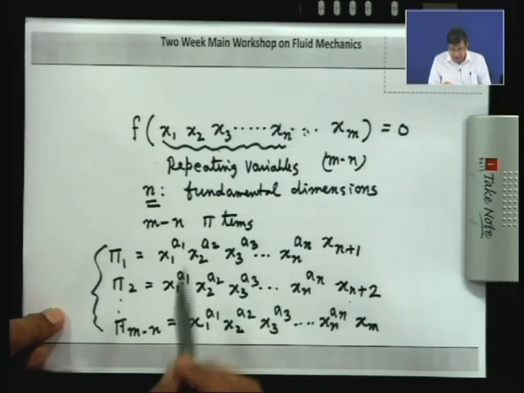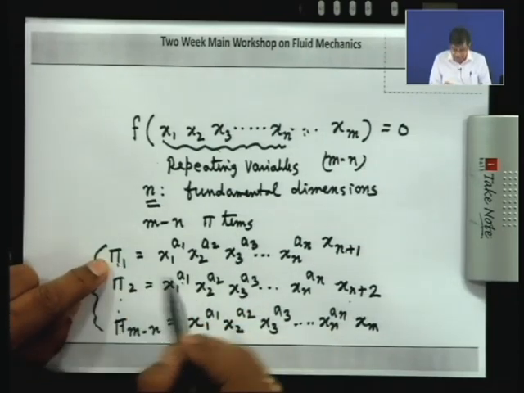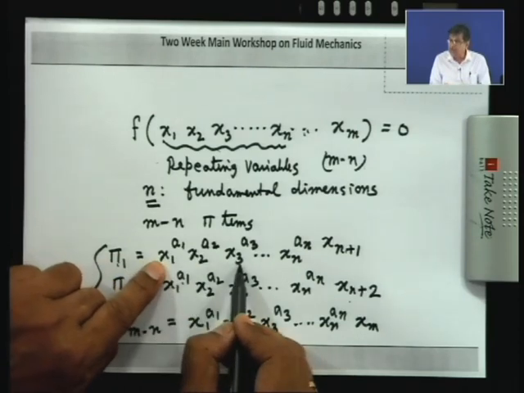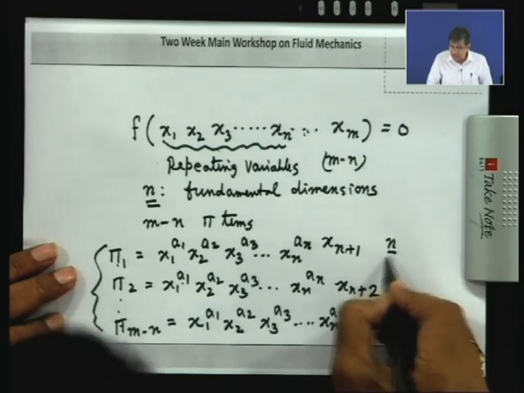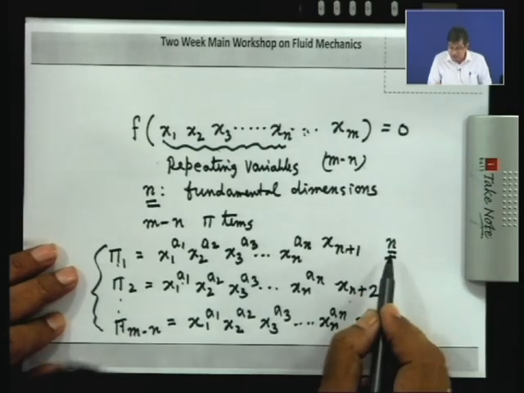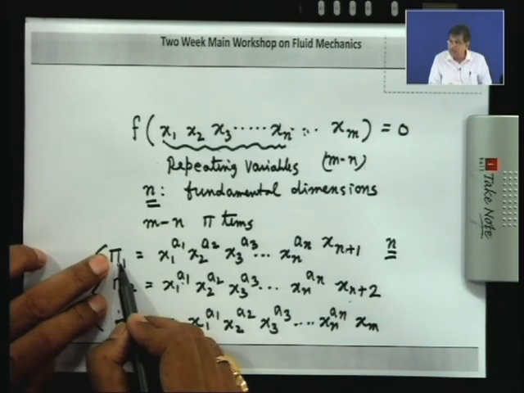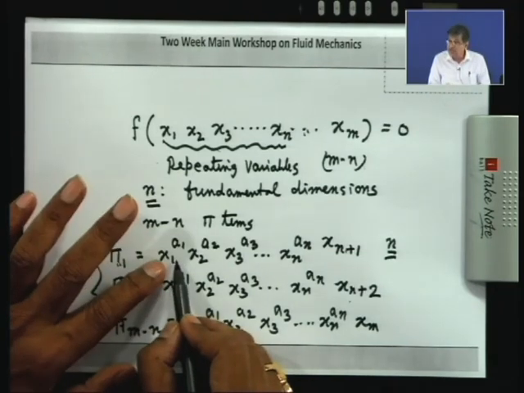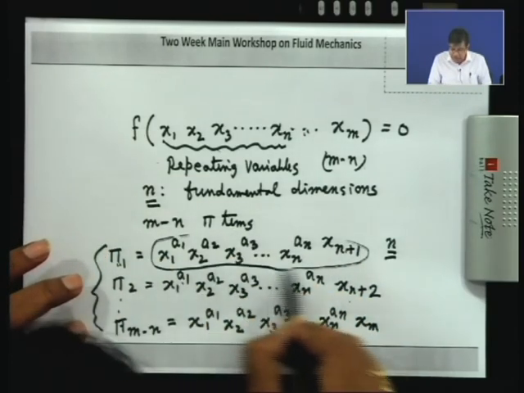Now, what is done? Each pi term is dimensionless. Express this in terms of the fundamental dimensions. Let the number of fundamental dimensions be n. We equate the indices of all n dimensions to 0, because this pi term is dimensionless. So, all fundamental dimension indices will be 0, because ultimately these combinations in any pi term will be dimensionless.